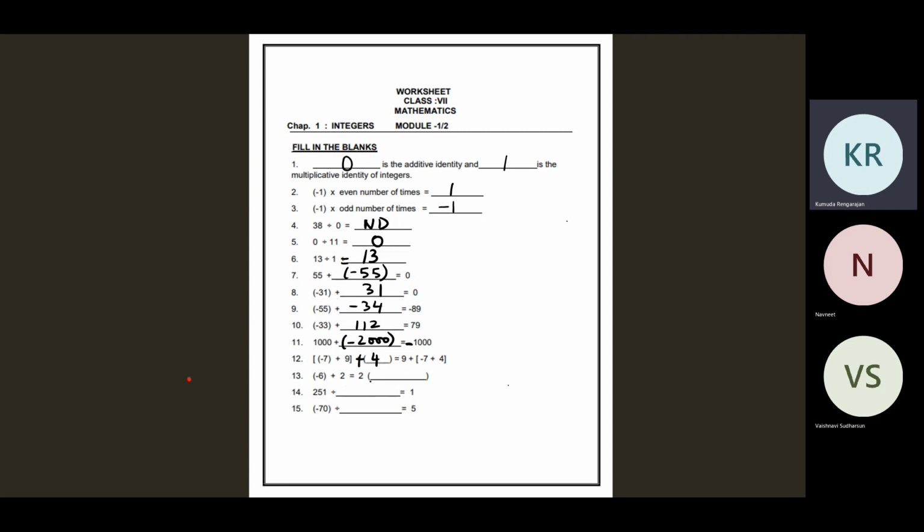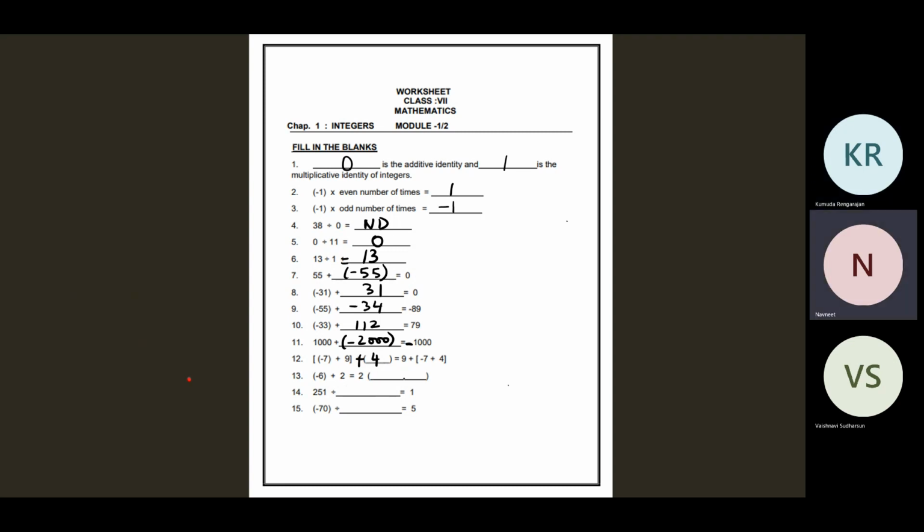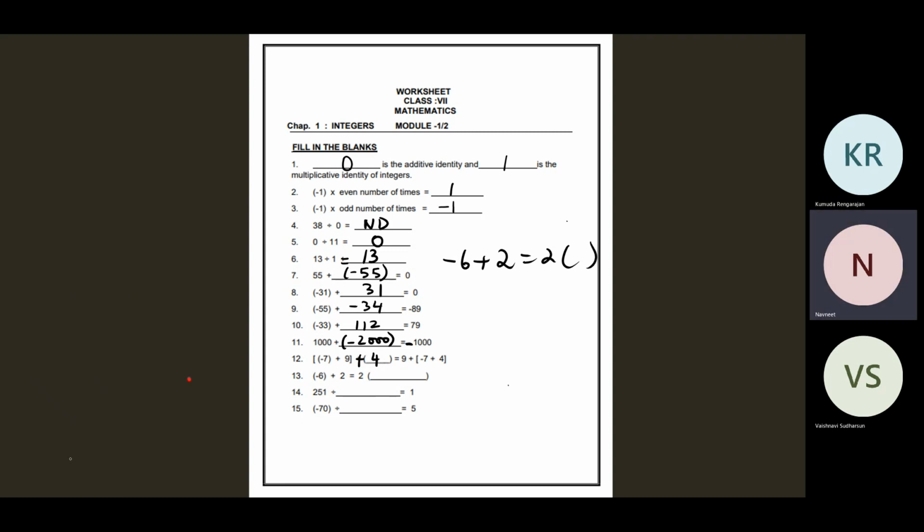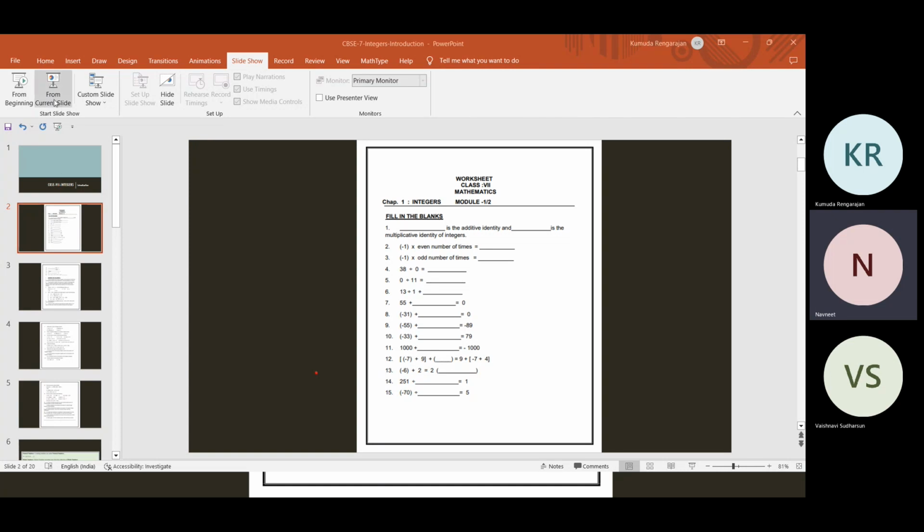Next one, Navneet. -6 plus 2 is equal to 2. And so it's multiplication. When there's 2 and a bracket, that means multiplication. Minus 6 plus 2 is equal to 2 into what? Minus 2.